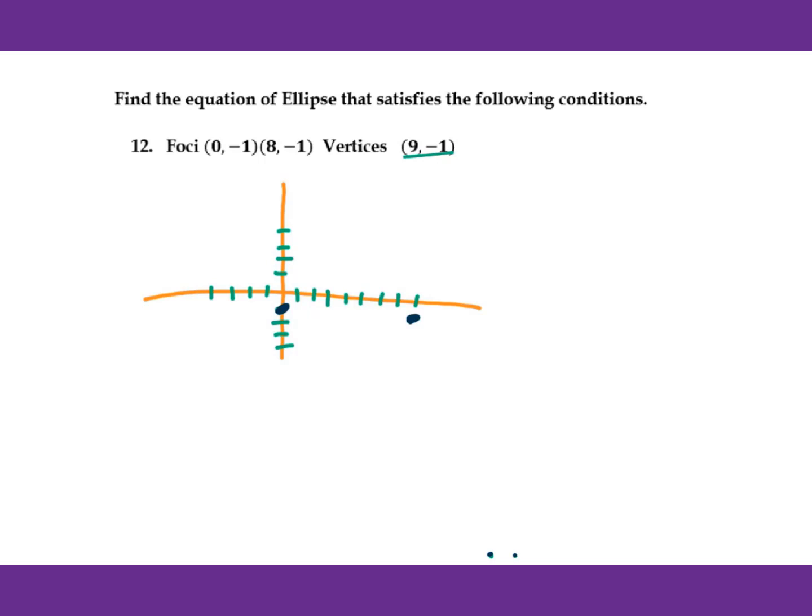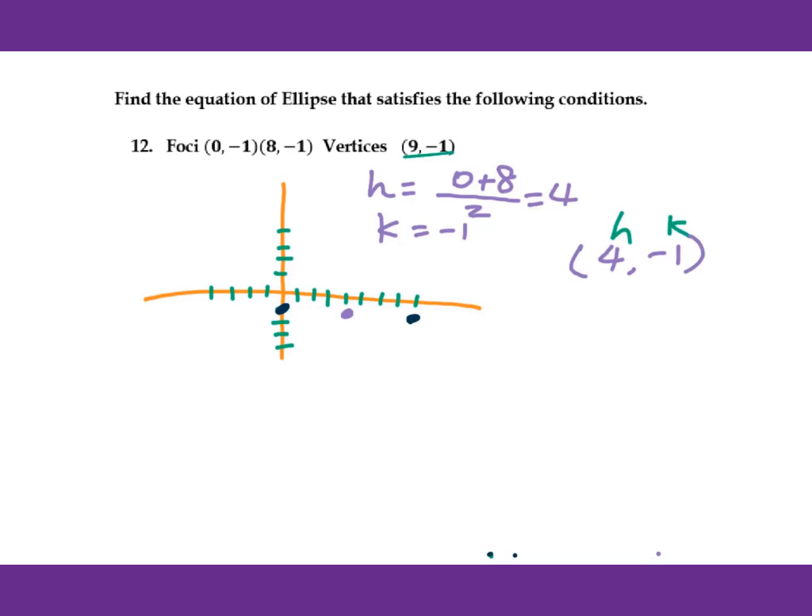The center will be between these two. Therefore, I will get h equals 0 plus 8 over 2, that's 4. K, definitely that's -1. So you will find (4, -1) is here. That's the h, k.